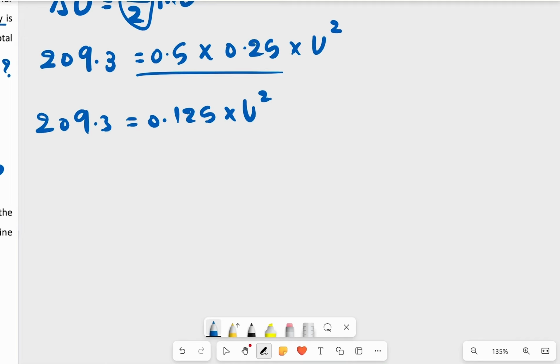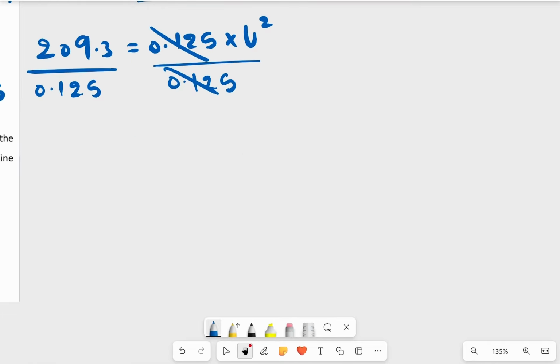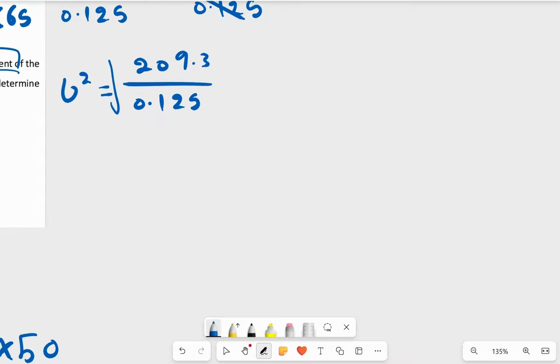Then you want velocity alone, so divide this by 0.125 and divide this one also by 0.125. It cancels, and you have velocity squared equal to 209.3 divided by 0.125. Now, as you know, we have squared here, so we take the square root of both sides.